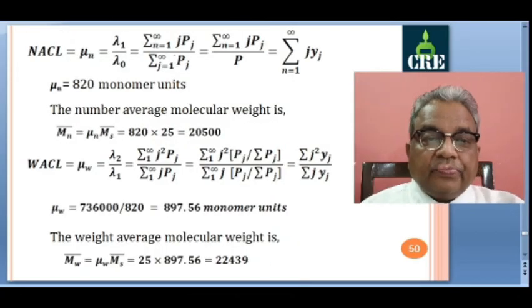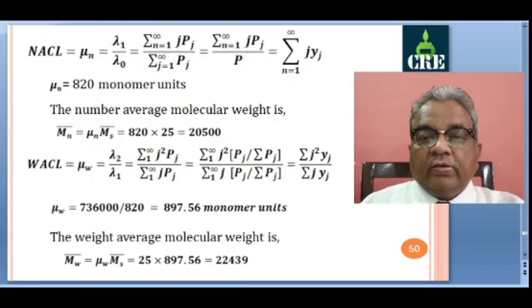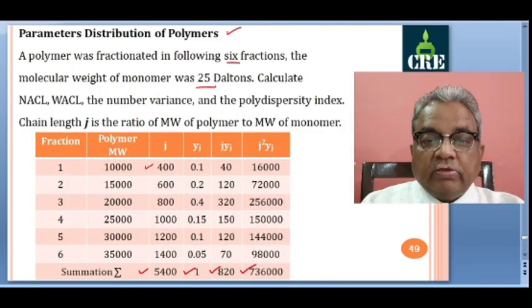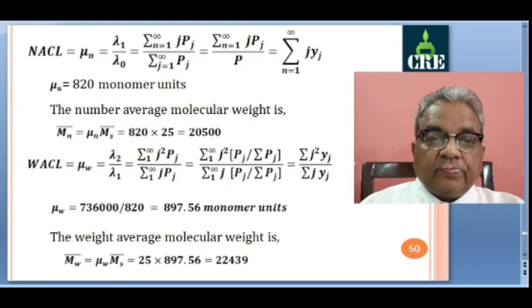Now we will calculate the number average chain length mu n, which is lambda 1 by lambda 0, as we have already seen: summation of Jyj, with n from 1 to 6 fractions. We know the summation of Jyj is 820.